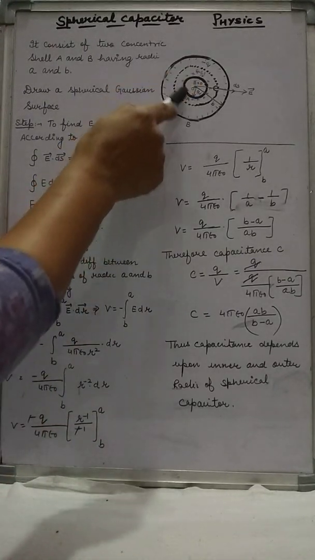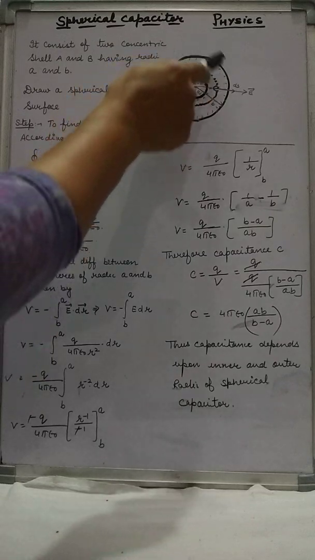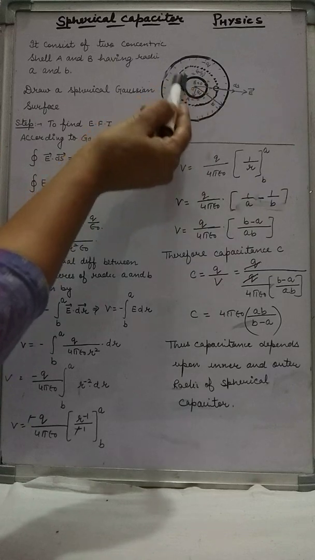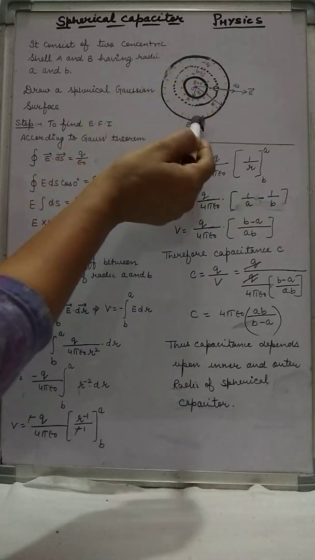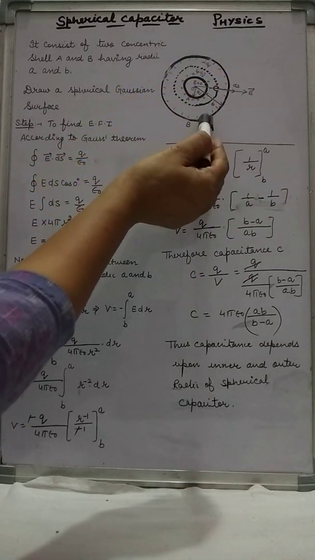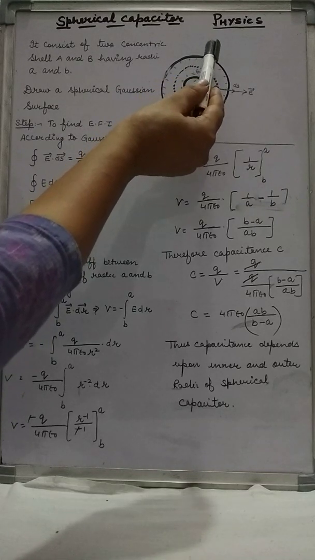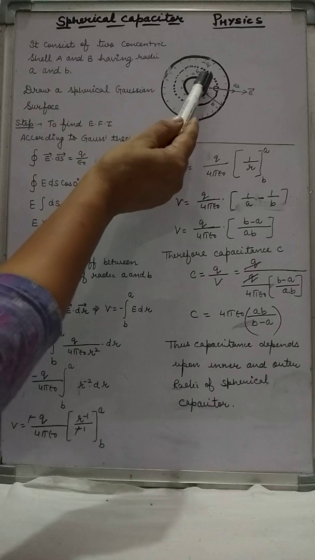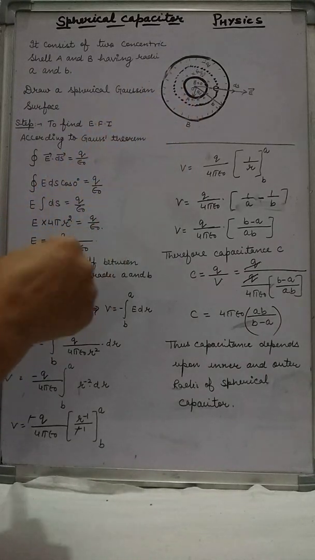Now charges are distributed over these two spheres. On plate A, positive charges are distributed, and on plate B, negative charges. The charge on plate B is negative Q, and on plate A the charge is positive Q.